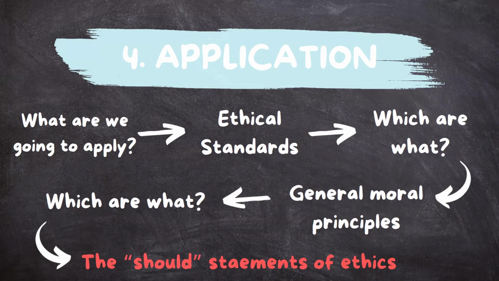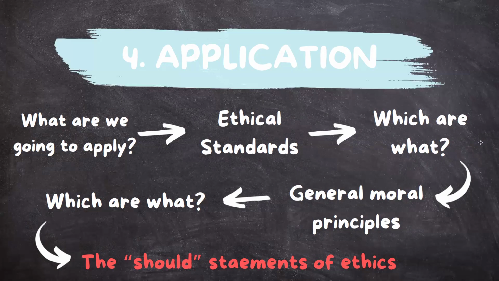So we're starting with a should question. Should Dr. Martin Luther King Jr. break the parade law? And by the end, we're going to have a should statement. Dr. Martin Luther King Jr. should break this parade law, or should not break the parade law, whichever way we're going to go with it, right?